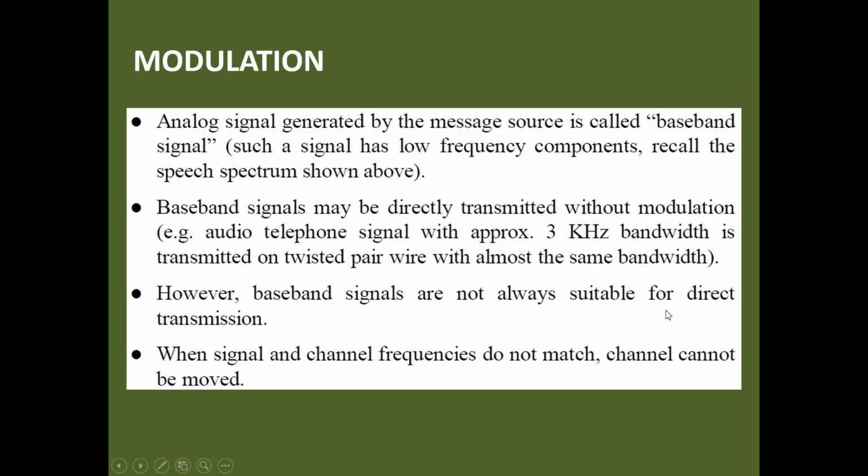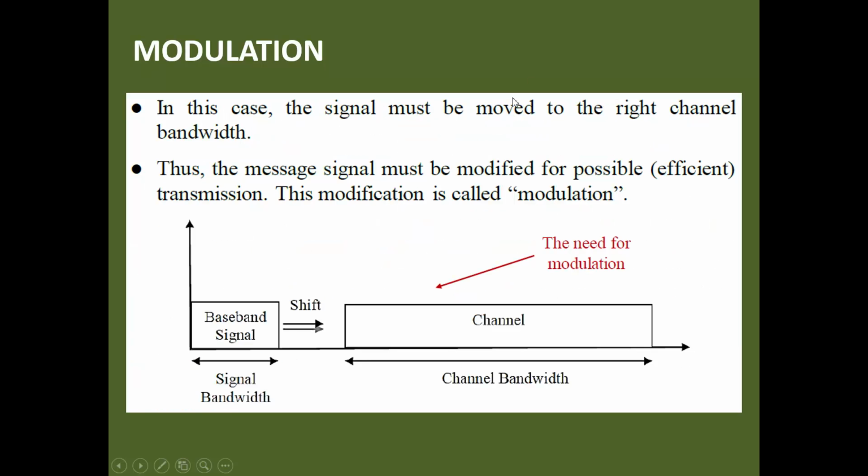However, baseband signals are not always suitable for direct transmission. When signal and channel frequencies do not match, the channel cannot be moved. So you have to translate the signal frequencies. In this case, the signal must be moved to the right channel bandwidth.